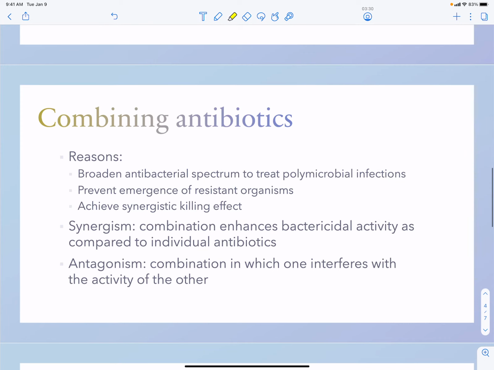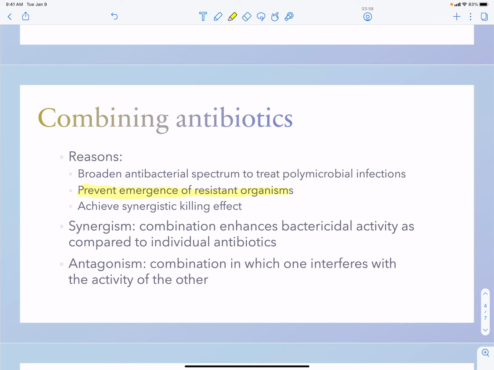So there are several reasons for combining antibiotics. Of course, to prevent resistance, the idea that a bacteria colonizing a person is going to have multiple resistance is not highly likely. And so by giving a combination of antibiotics, you're able to eliminate resistance to penicillin, for example, as you give vancomycin.